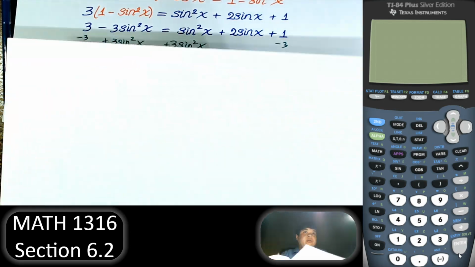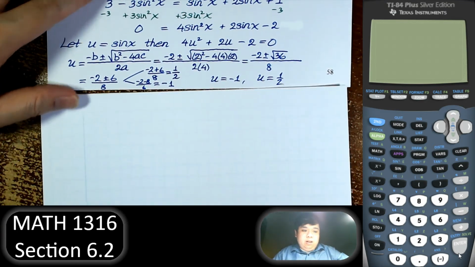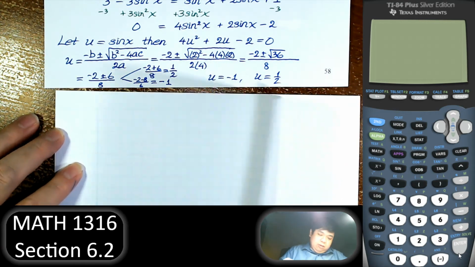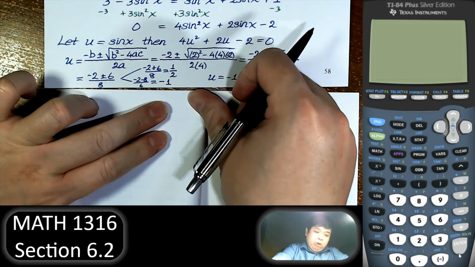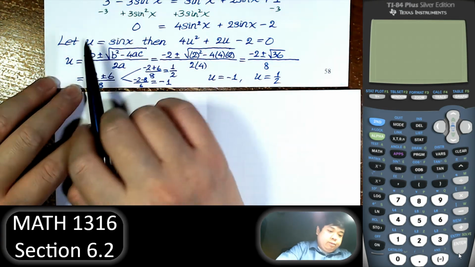So now we continue with the 2 solutions. First part, once again, there will be two solutions for u. So there will be 2 solutions for sine x.